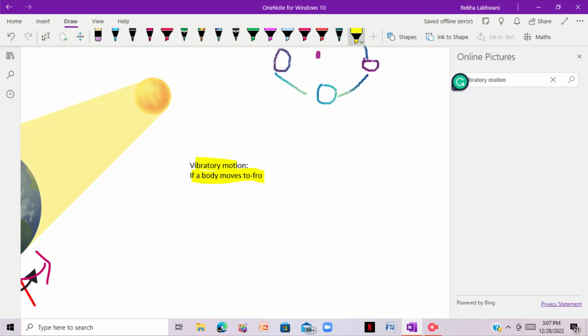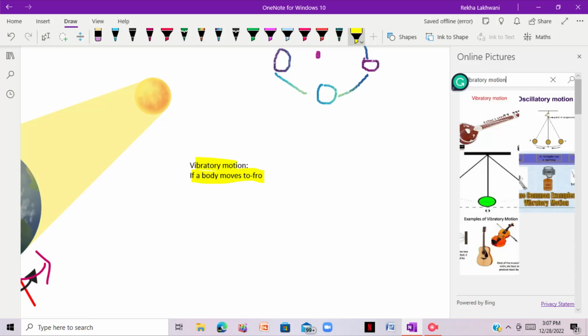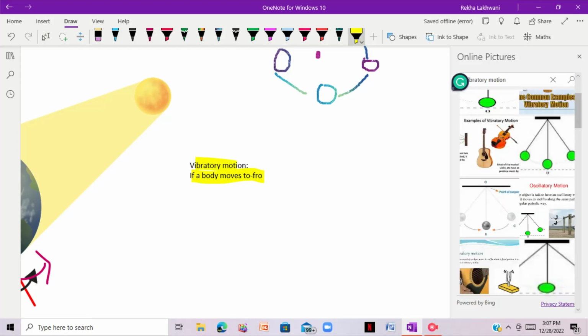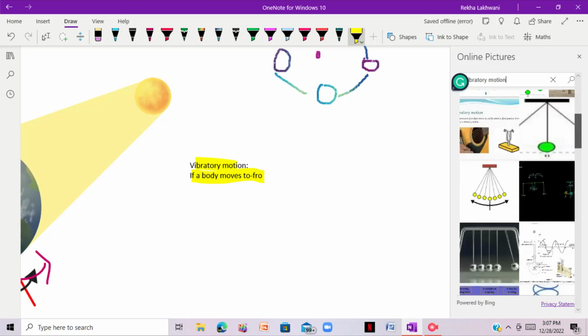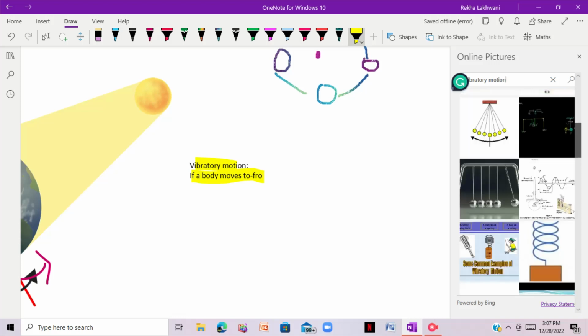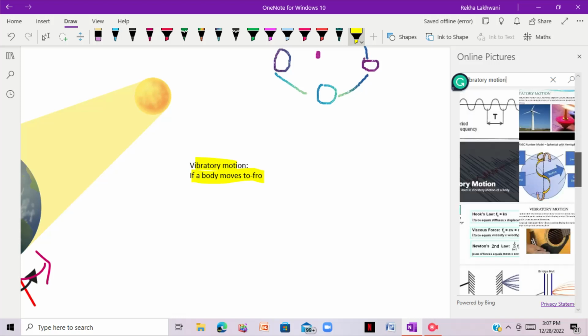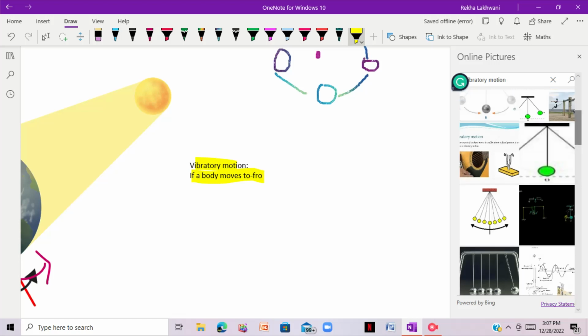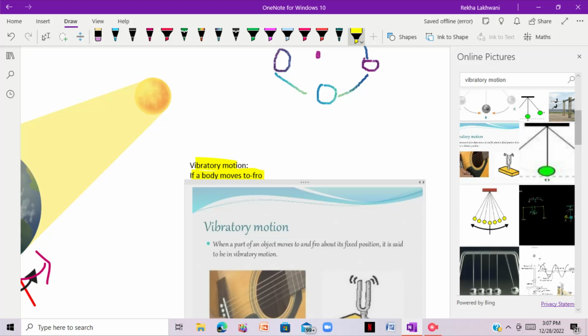When a part of an object moves to and fro about its fixed position, which you can say is its mean position, it is said to be in vibratory motion.